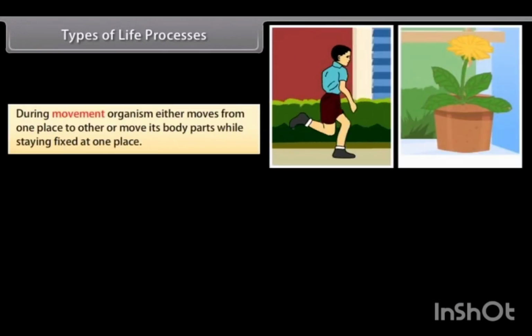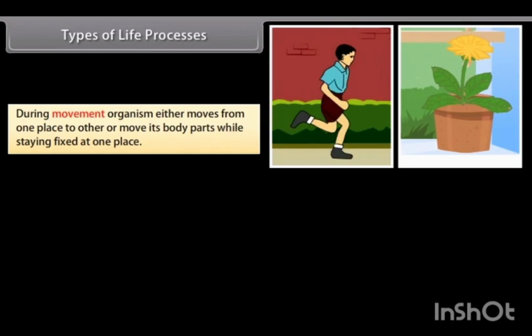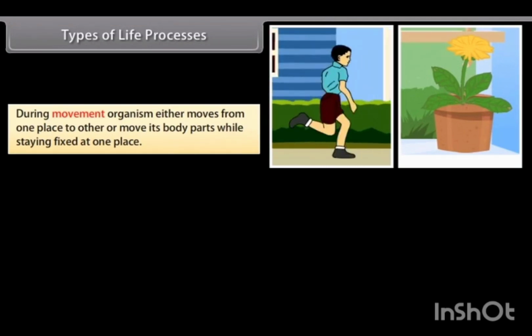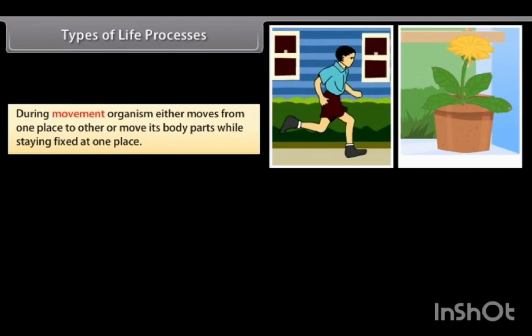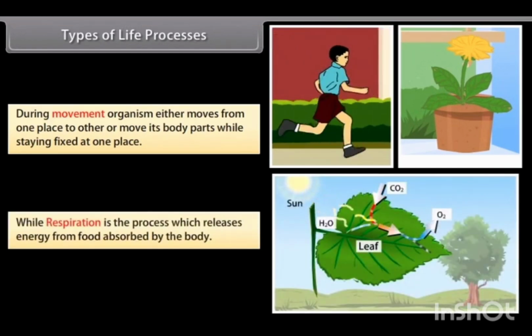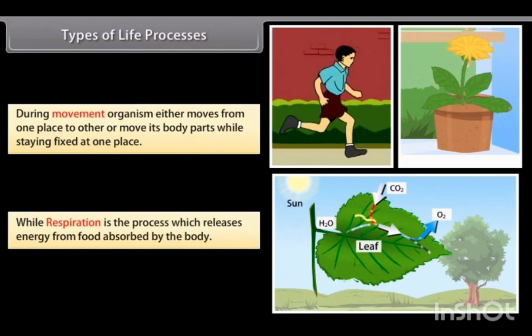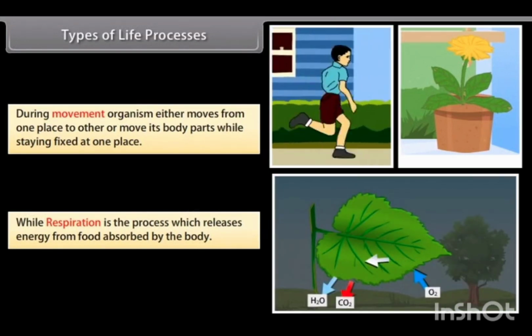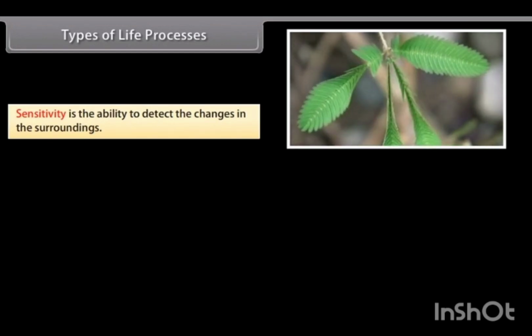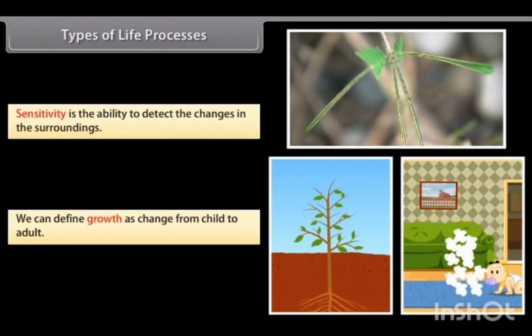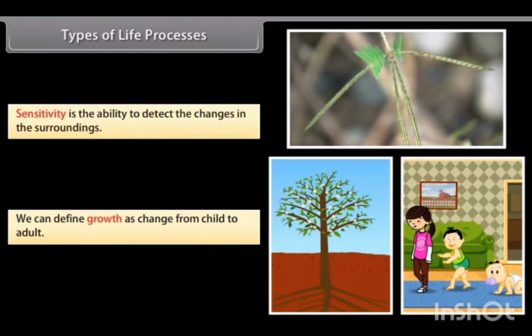During movement, an organism either moves from one place to another or moves its body parts while staying fixed at one place. Respiration is the process which releases energy from food absorbed by the body. Sensitivity is the ability to detect changes in the surroundings. We can define growth as change from child to adult.